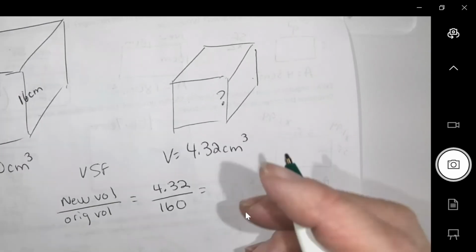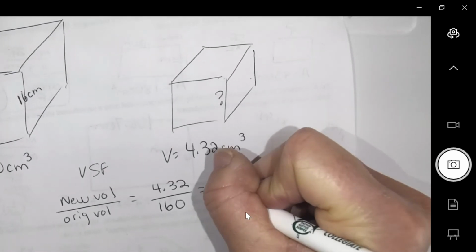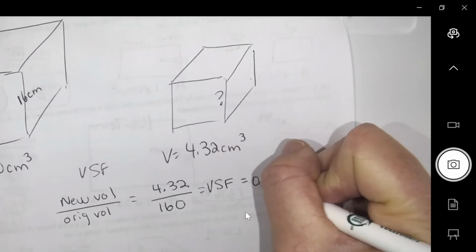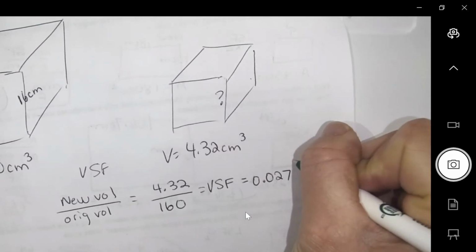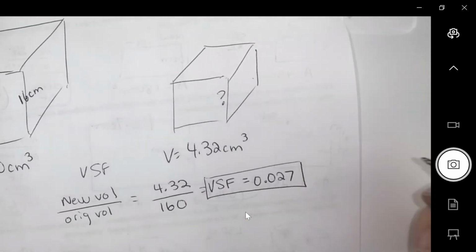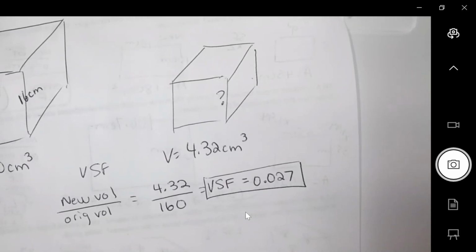Okay? So my scale factor for the volumes is 0.027. Okay. So that makes sense. New divided by original. That's all I do every time. New divided by original.